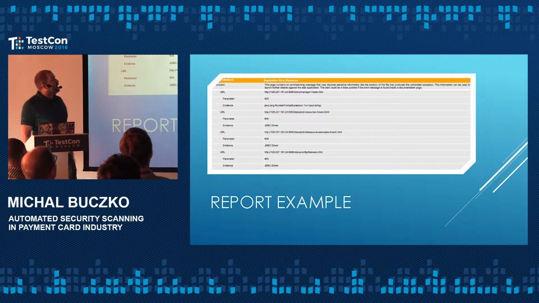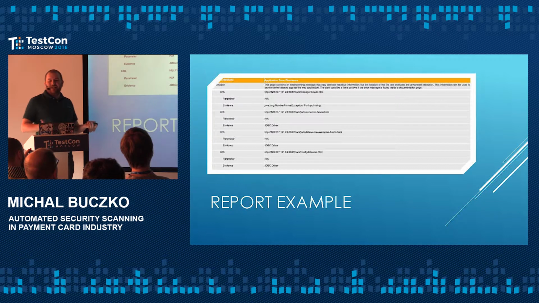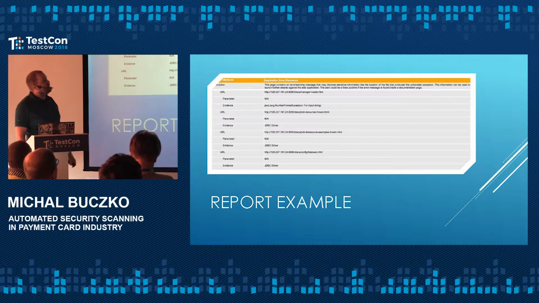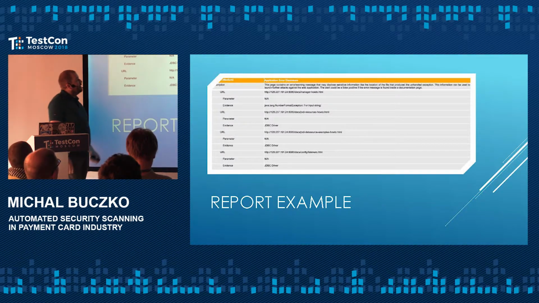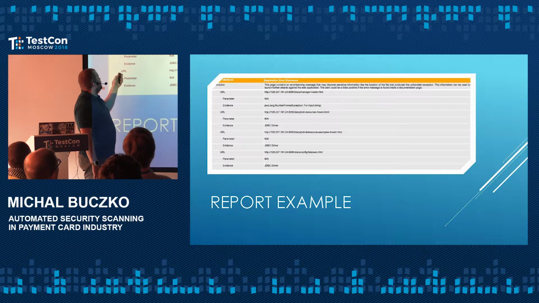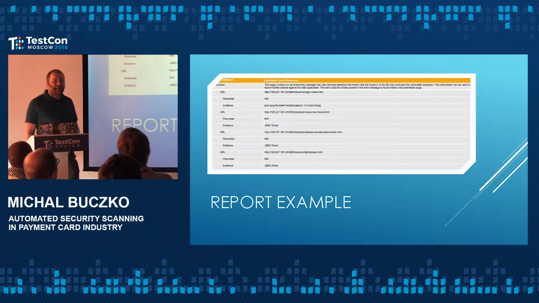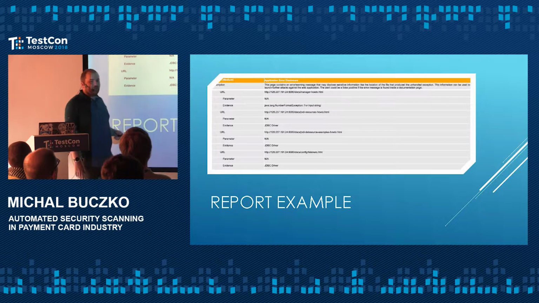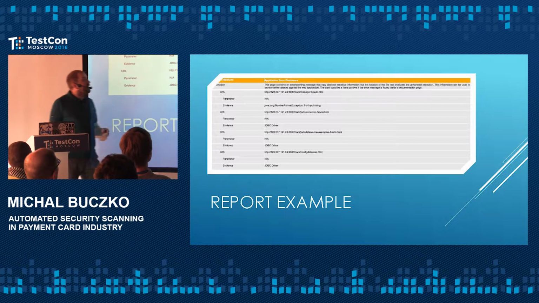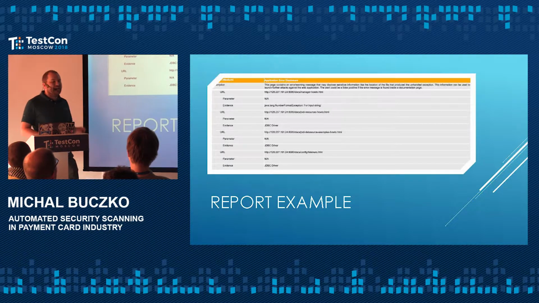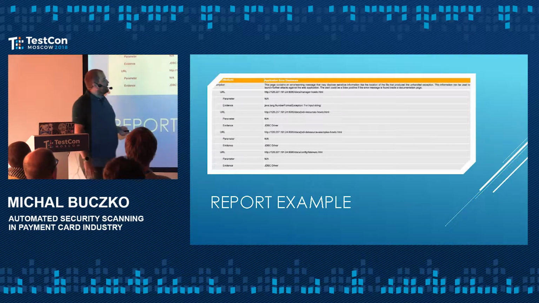And then you can export the result in an HTML report, and it consists of a huge list of vulnerabilities that were found, whether they were medium, high, or low. Usually the vulnerabilities from the OWASP Top 10 are high, and others are medium or low, depending on how big an impact they can have on your system.